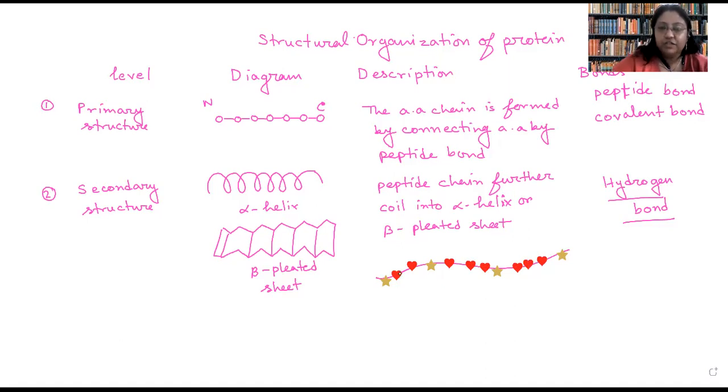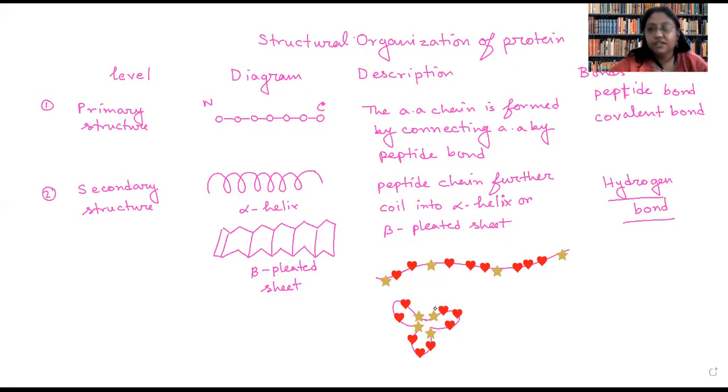Now, if hydrogen bonding is possible amongst only the stars, the coiling of the chain will be somewhat like this, where all the stars form hydrogen bonds amongst themselves, and the other amino acids, denoted by the hearts, will remain like this.